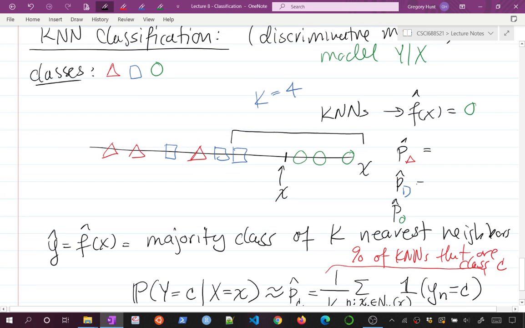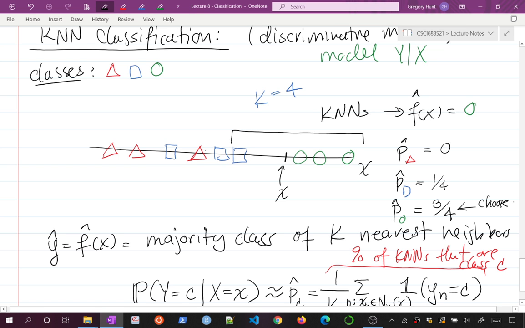It's going to be the percentage of those nearest neighbors that are of the class. With k equal to 4 neighbors, being these 3 green circles and this 1 blue square, the percentage that are blue squares is 1/4, 3/4 for my circles, and 0 for my red triangles.